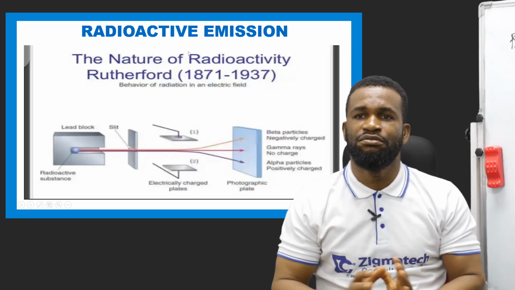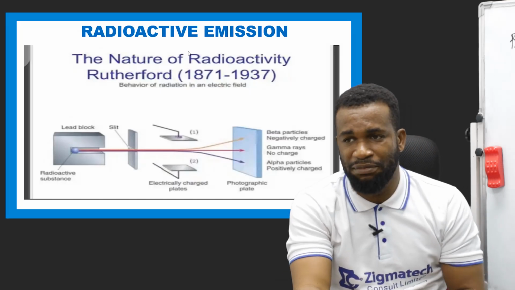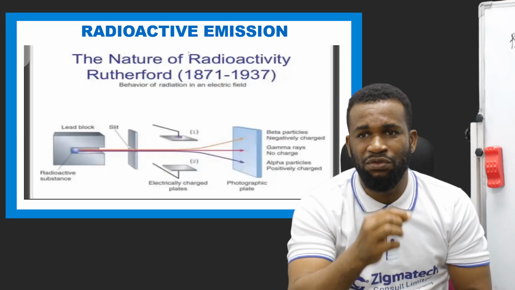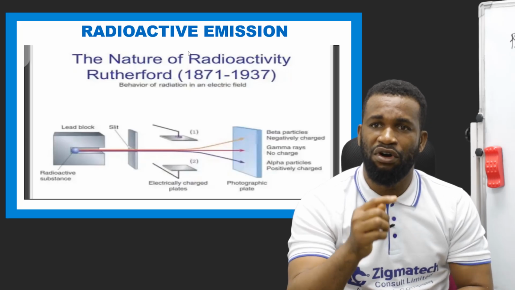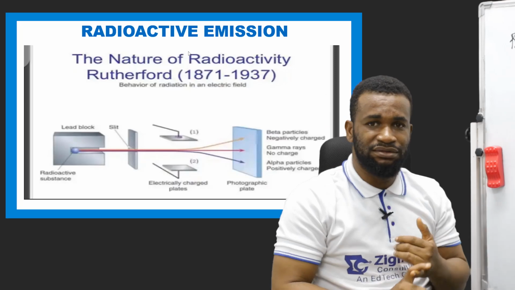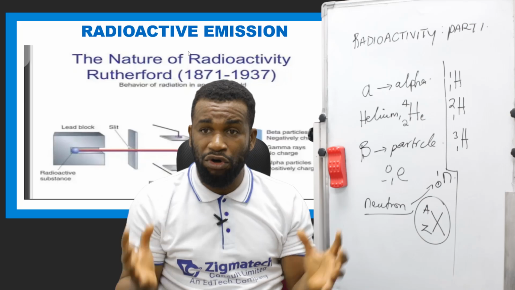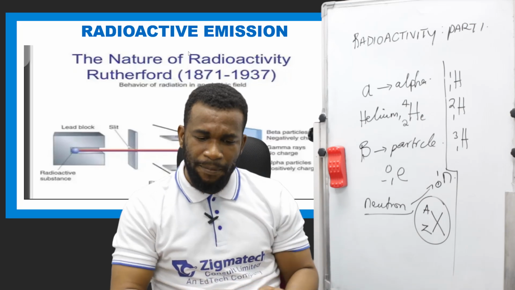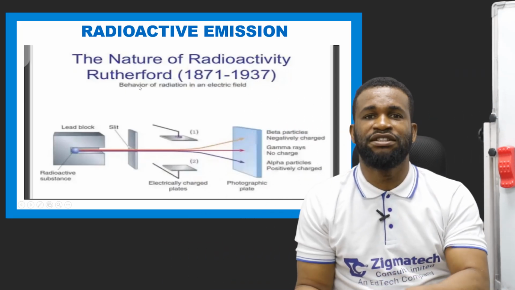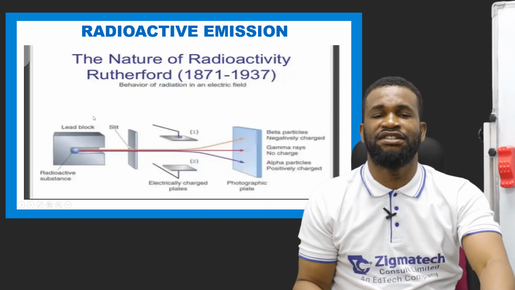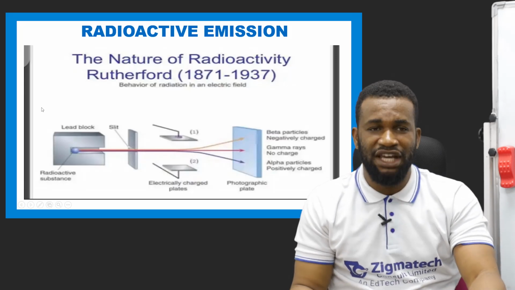Now, this particular radioactive element, remember I said from the beginning part that there is no way radioactivity will occur without emission of either alpha particle or beta particle or gamma ray, or both, or even all of them at the same time. But it was found out that these kinds of emission or particles that we are giving out from these radioactive substances, some of them have different properties and they behave differently.